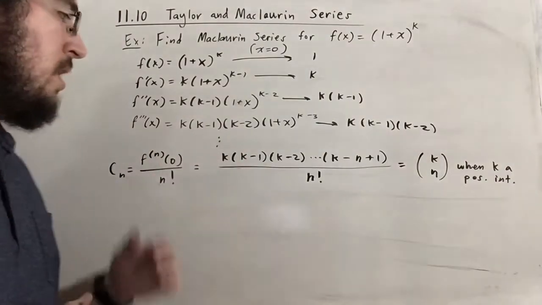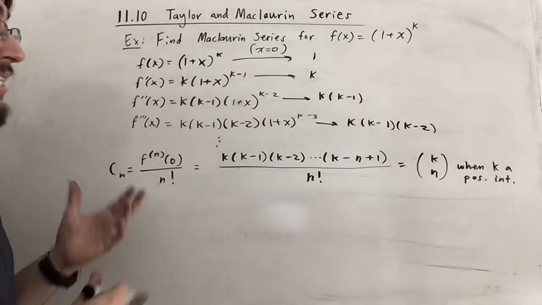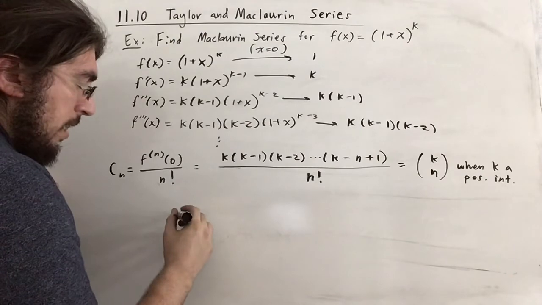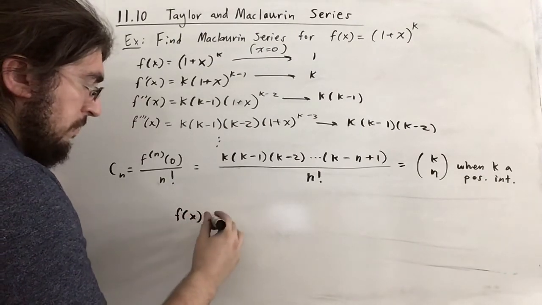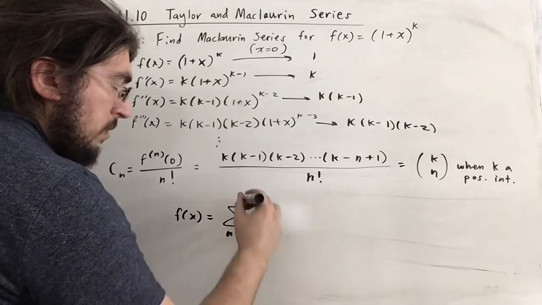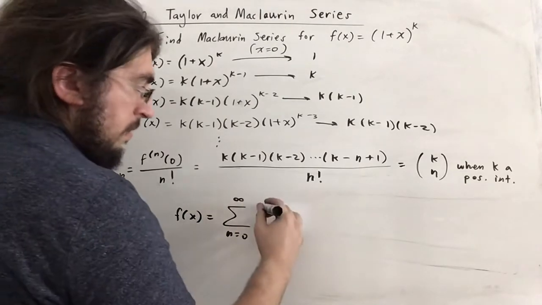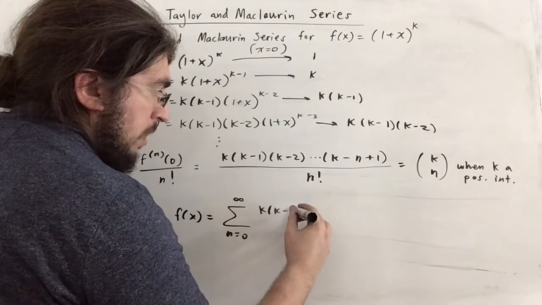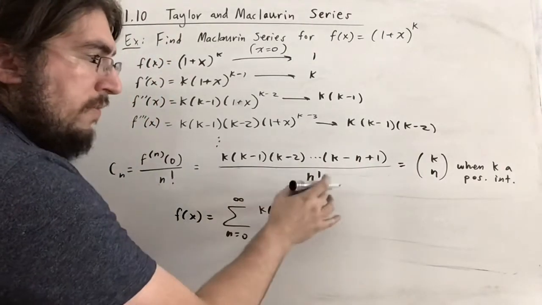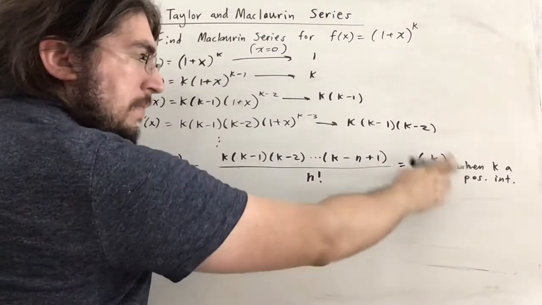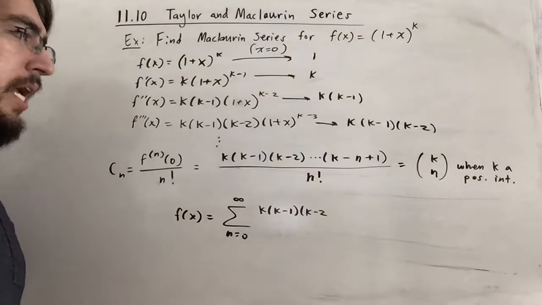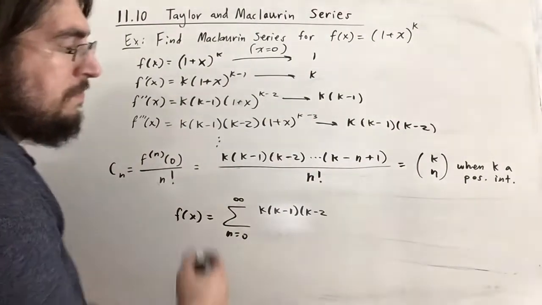And with that being said, we actually have a Maclaurin series expansion, and it is going to be, well, f of x will be equal to these c sub n, so it's going to be the sum from n equals 0 to infinity of k times k minus 1 times k minus 2 all the way to this over n factorial. But if we use this notation for all k, it would be nicer.